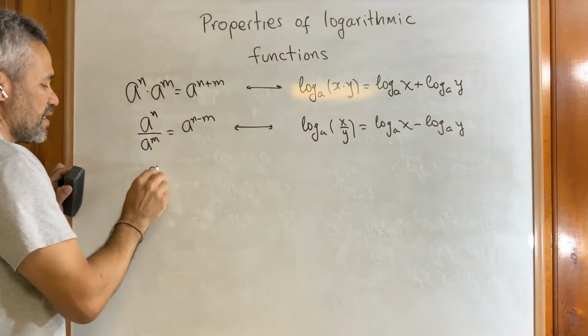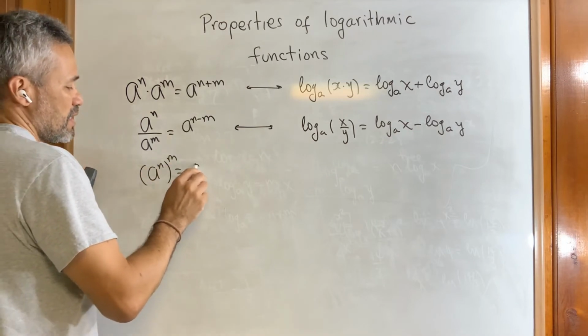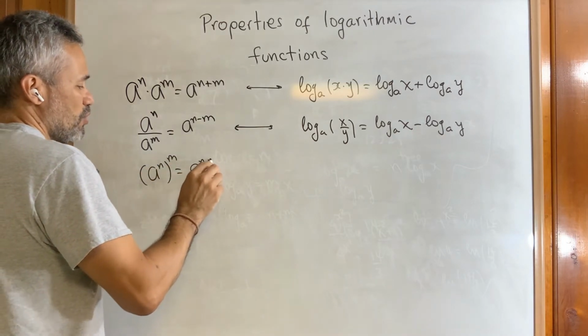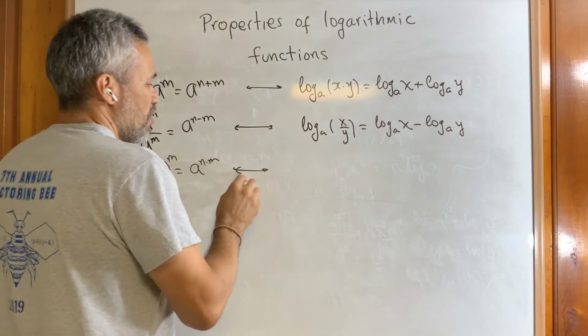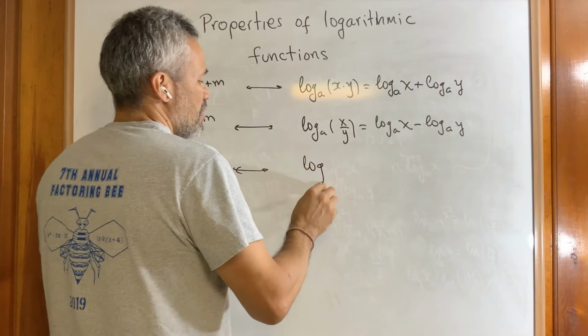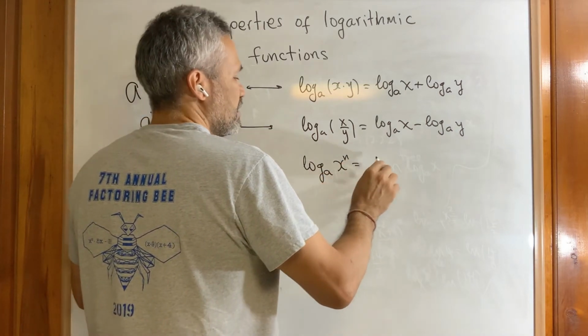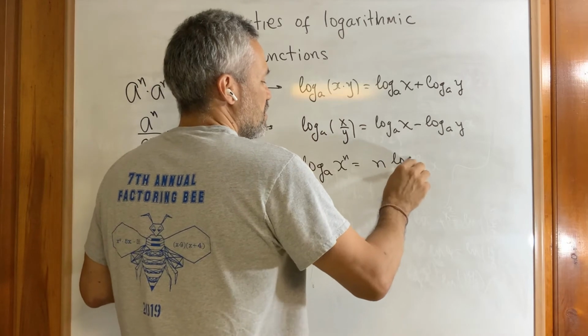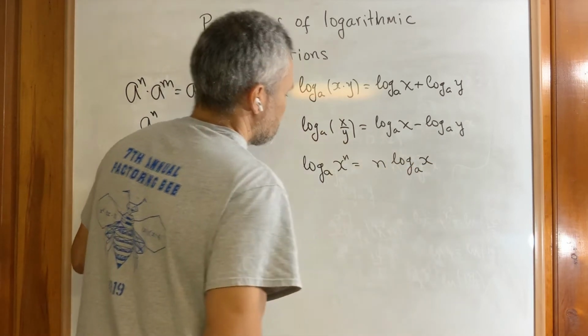And this property, a to the n to the m power, a power of a power, is just a to the product of the exponents. This property goes with log in base a of x to the n is n times log in base a of x.